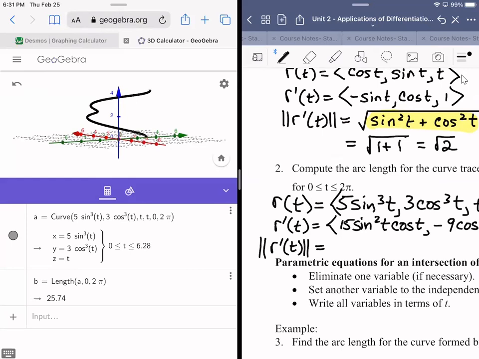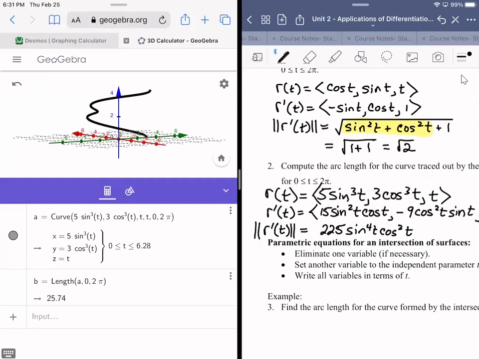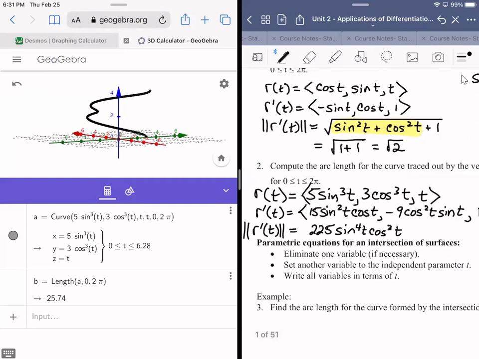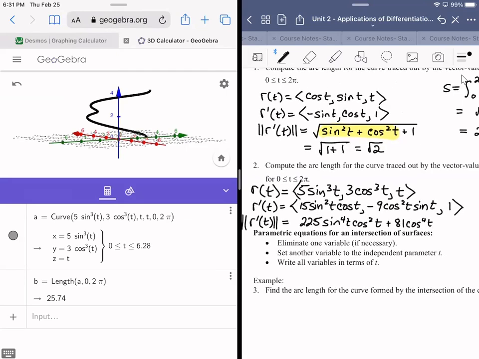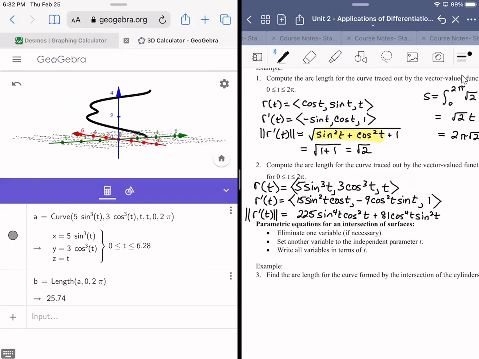I'll leave the radical off for a second though. 225 sine to the 4th t cosine squared t minus, oh, well, really plus, right? Because we're squaring and adding, so plus 81 cosine to the 4th t sine squared t plus the 1 at the end, all under the radical.